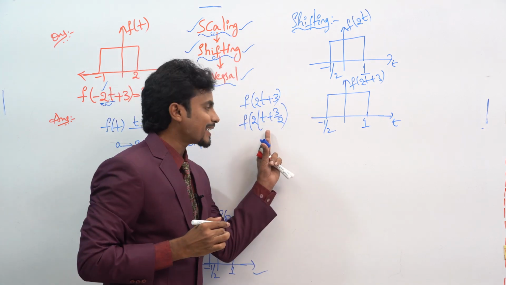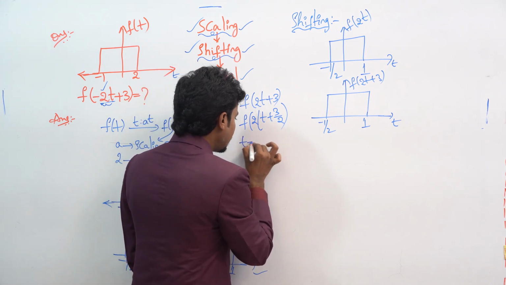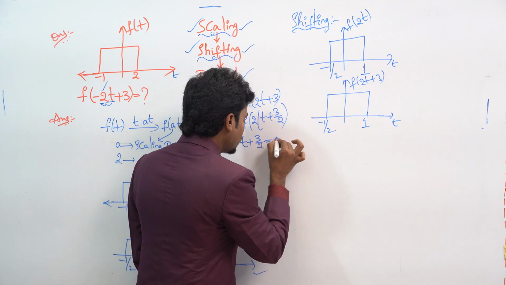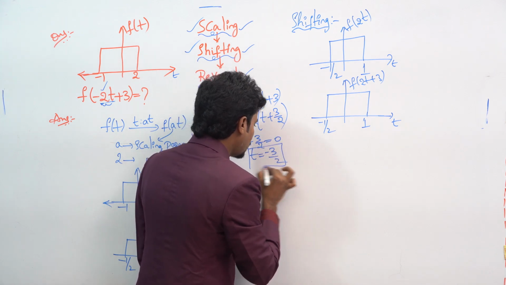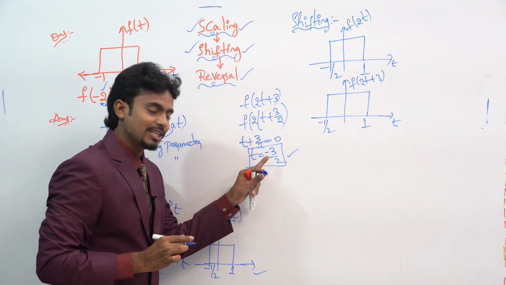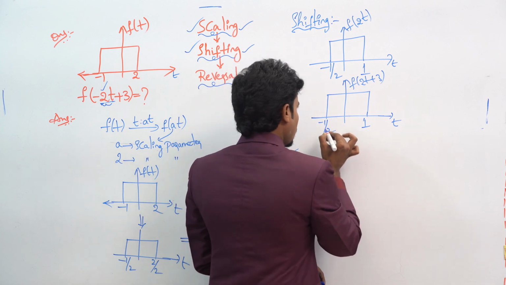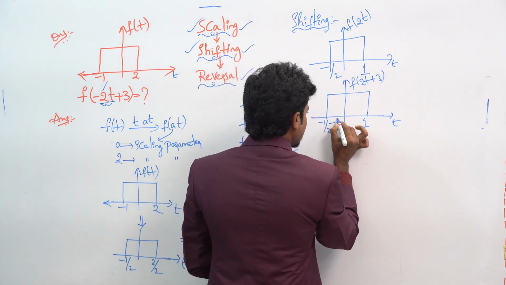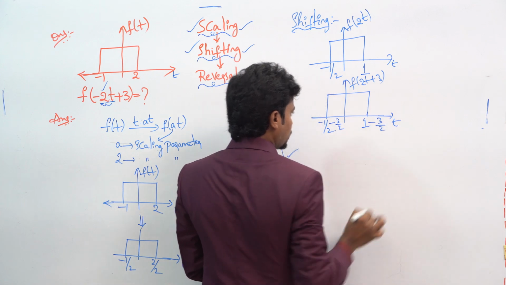Now make this bracket value equal to 0. T plus 3 by 2 is equal to 0. T is equal to minus 3 by 2. Substitute t is equal to minus 3 by 2 here. So here minus 1 by 2 minus 3 by 2, and here 1 minus 3 by 2.